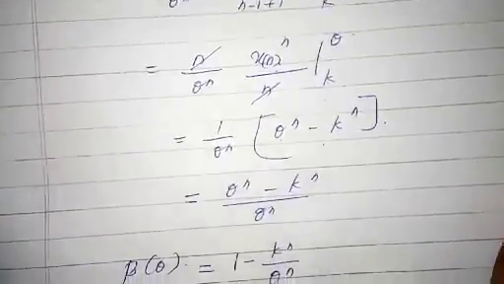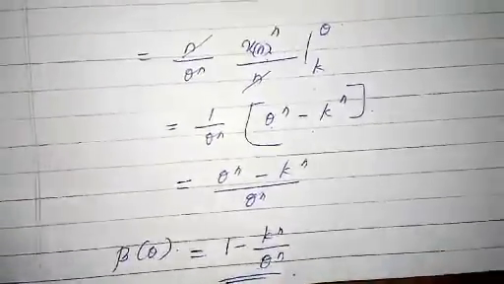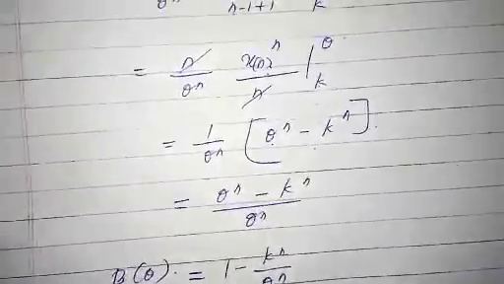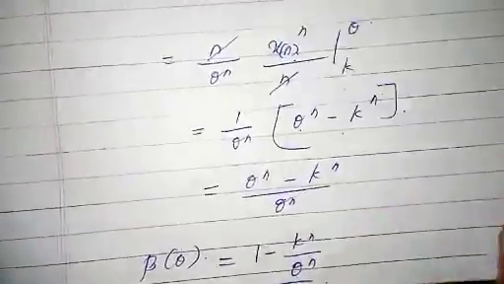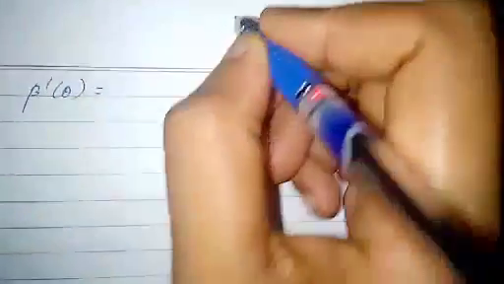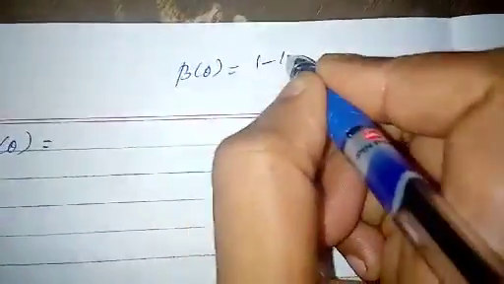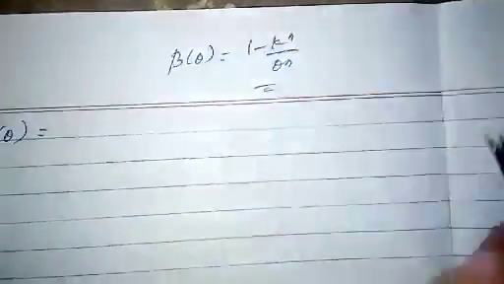So we have to find out whether beta of theta is an increasing function or a decreasing function, right? So for that we have to differentiate beta of theta, right? Then what is b dash of theta? That is the differentiation of beta of theta. So we know beta of theta equal to 1 minus k power n divided by theta power n, right?